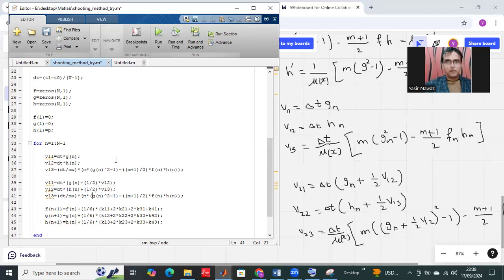And here this would be G of n plus V12 whole square. And then for Fn, I will add V11.